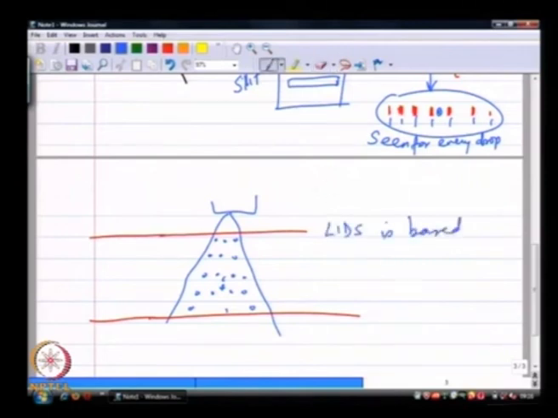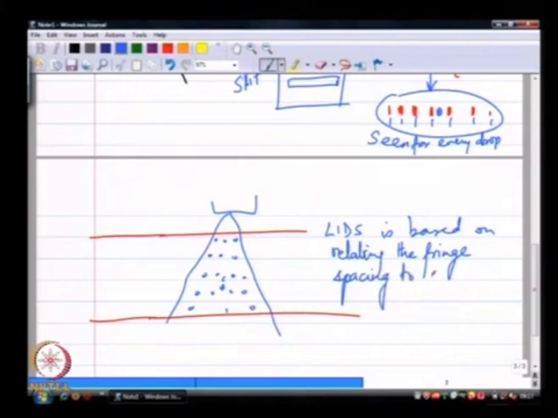So, essentially an extension of this. First of all, LIDS is based on relating the fringe spacing to size.